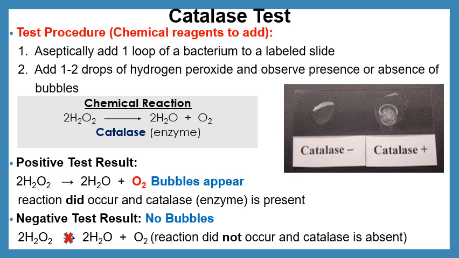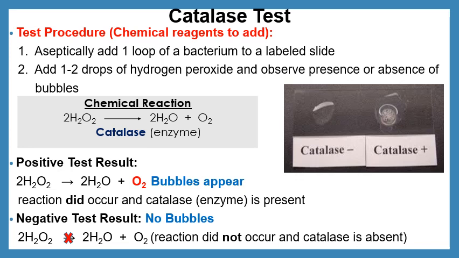The chemical reaction for the catalase test is very important. We have 2 H2O2, in other words, 2 molecules of hydrogen peroxide, potentially being broken down into 2 water molecules and oxygen. The oxygen would be seen by the presence of bubbles.